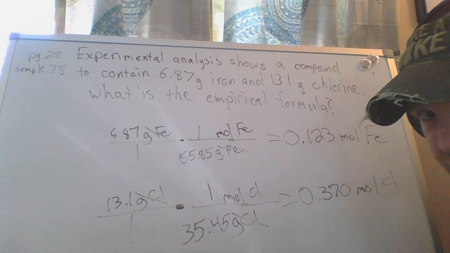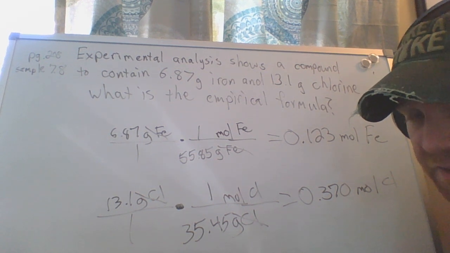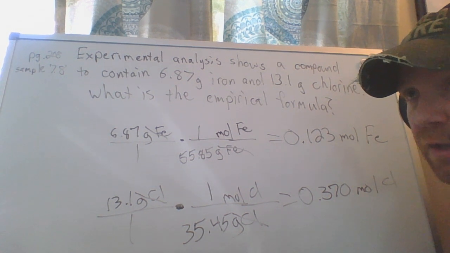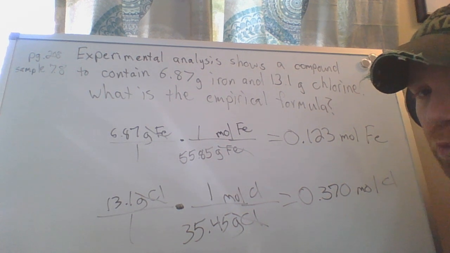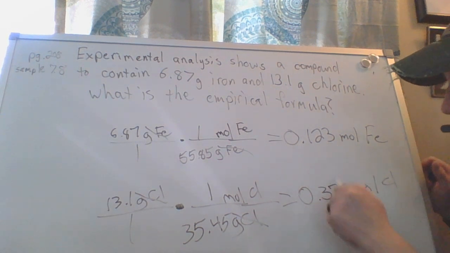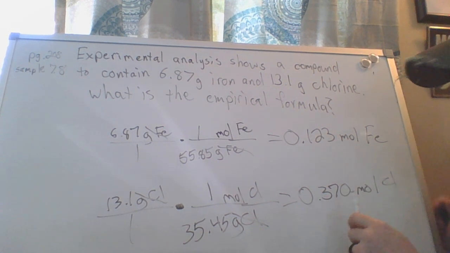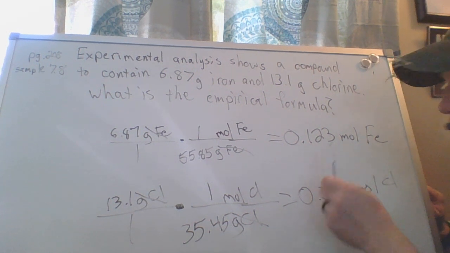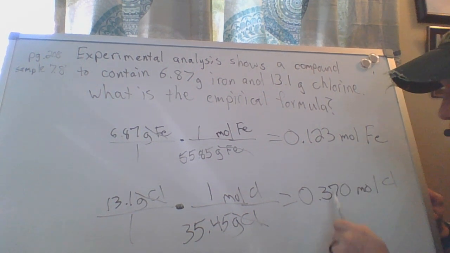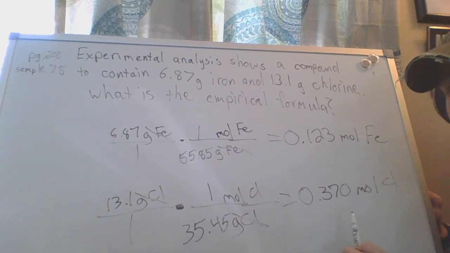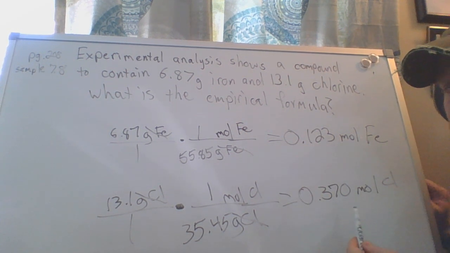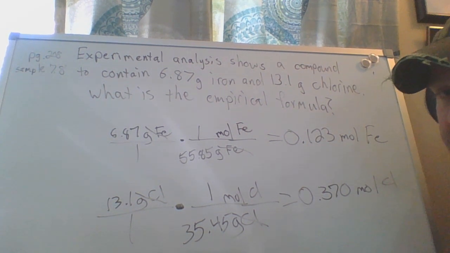Here's the only thing that's different with empirical formulas. Don't forget we want the lowest whole number ratio. So now that we have 2 amounts in moles in front of us, the trick is you need to look and see which one is the smallest number of these 2 elements. You're always going to divide by the smallest number and set that particular number to 1.